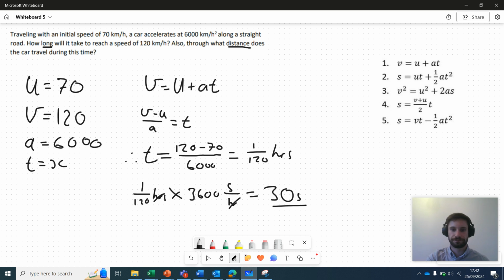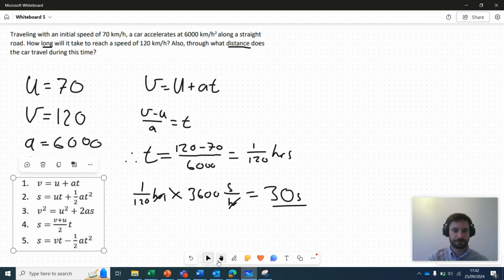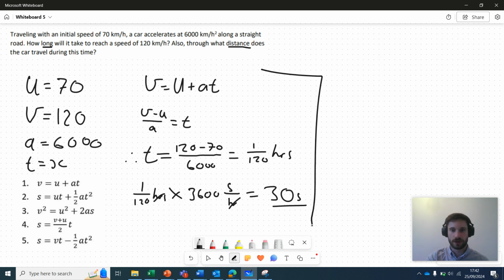So let's make some room for this. Let's just put that down there. Okay, so s equals v plus u over 2, times t.